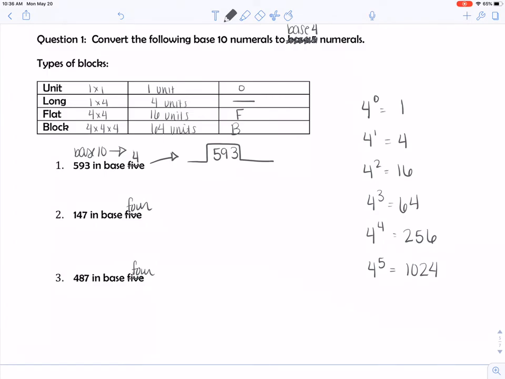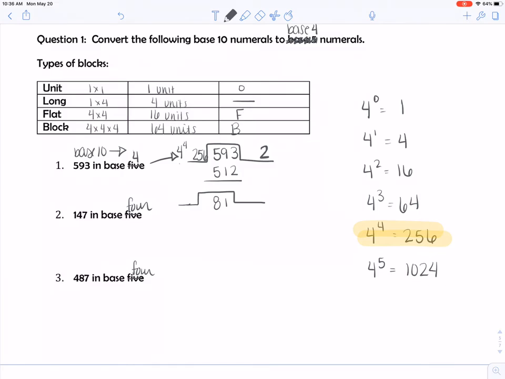So the biggest without going over would be 4 to the 4th, which is 256. So I need to find out how many times 256 goes into 593. In my calculator I see 2 and some change. I'll figure out the change. So 256 times 2 gives me 512, and then I'm going to subtract those. That gives me 81.